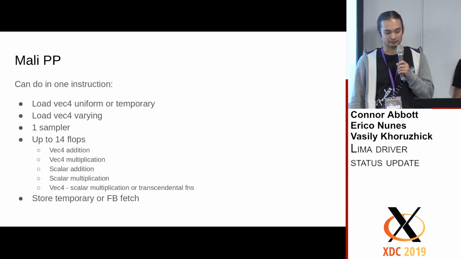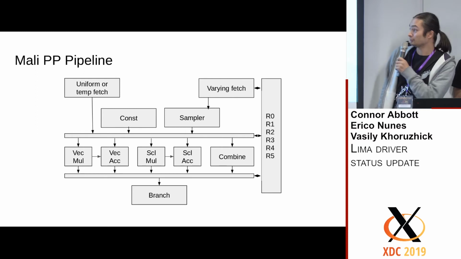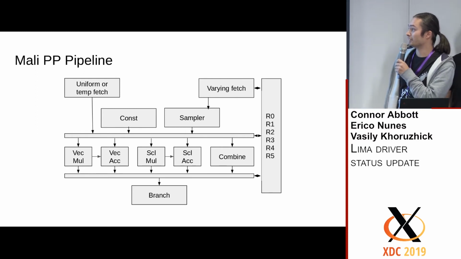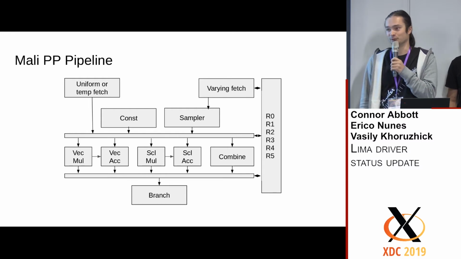And of course, it can store a temporary or do a frame buffer fetch. So this is the pipeline of the pixel processor. This is how we understand it. Of course, maybe it's not that accurate. Well, ARM folks maybe know better.